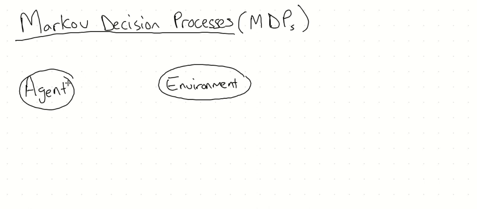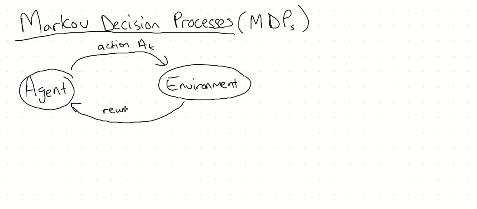So, what can the agent do, right? The only thing that the agent can do is take an action, right? The agent takes an action, AT, and based on what action the agent takes, the environment will reward the agent at time step, we'll just say RT plus 1.